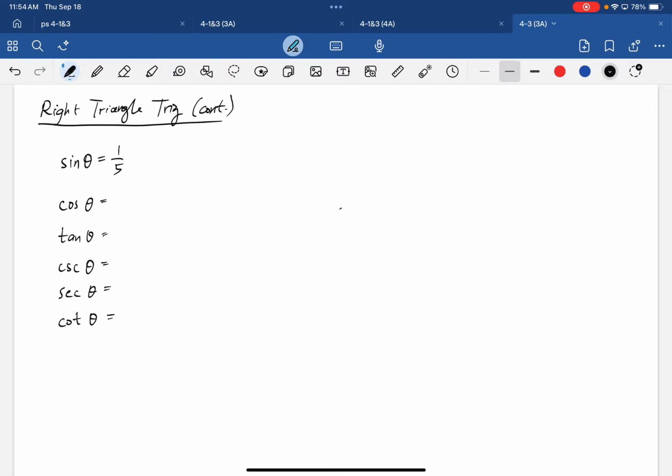Yep. But before the Pythagorean theorem, we have to draw the triangle with the corresponding side lengths, right? So we'll do that. I'll call this my theta. Which side is the 1? Opposite, and the hypotenuse is 5. So what is the adjacent side?